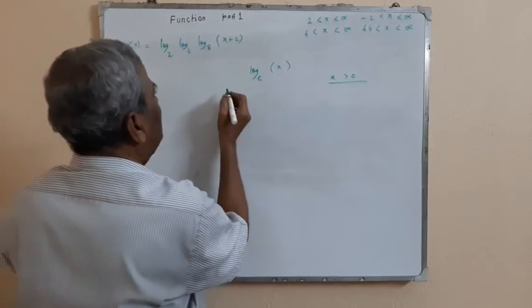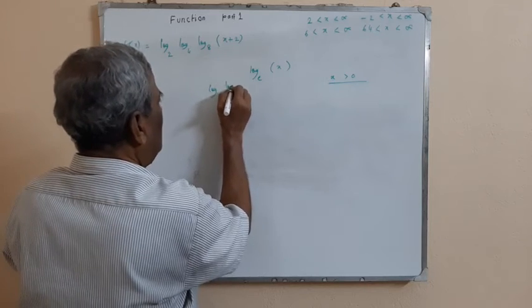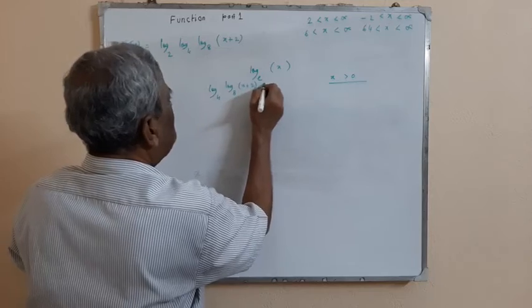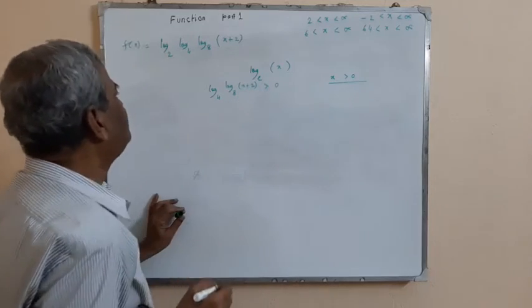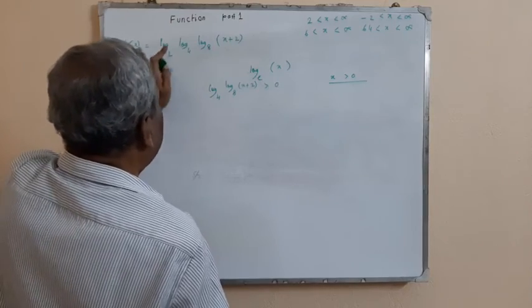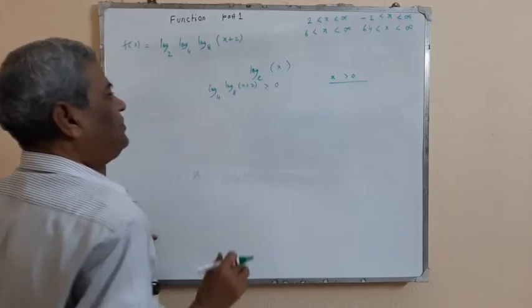So we must have log base 4 of log base 8 of (x plus 2) positive. This is basically a log function, so its argument should be positive.